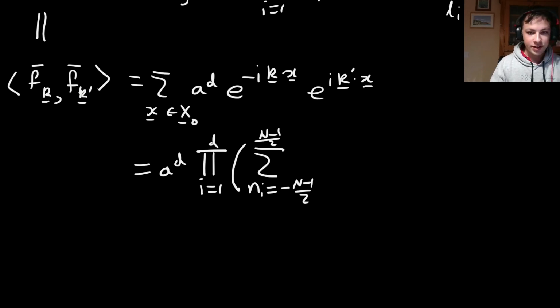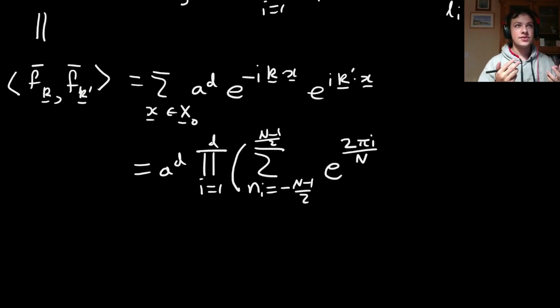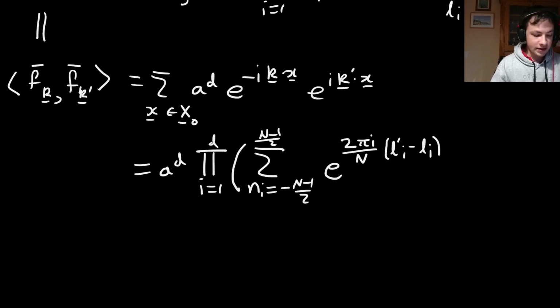And inside this sum, we get e to the 2 pi I over n, because remember that x has an a in it, and there's a 1 over a in the k's, and so those cancel, and we're just left with the n. 2 pi I over n, L primed I minus Li times Ni.